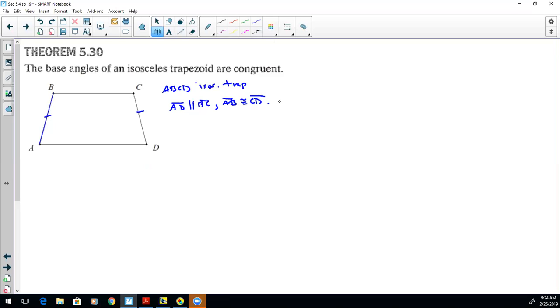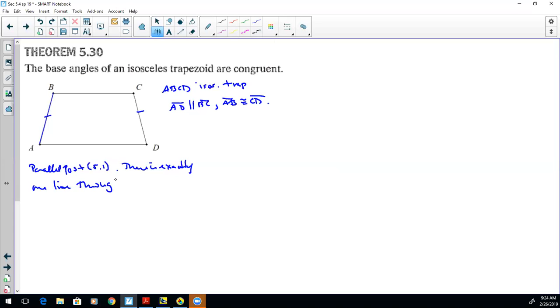Postulate 5.1. Given a line and a point not on the line, there is exactly one line containing the point that's parallel. So, by the parallel postulate, there is exactly one line through C parallel to AB.